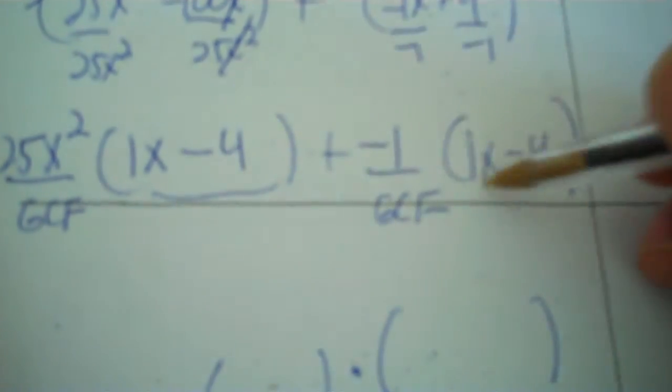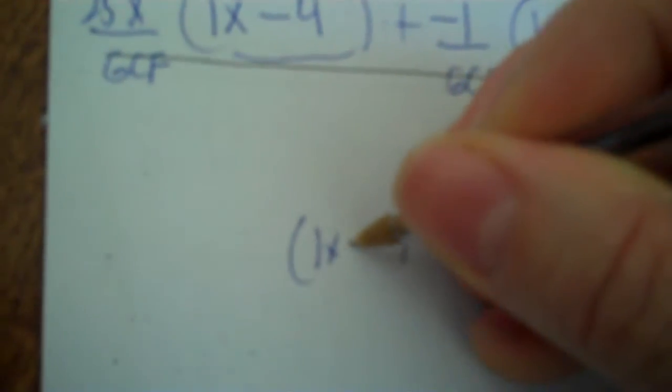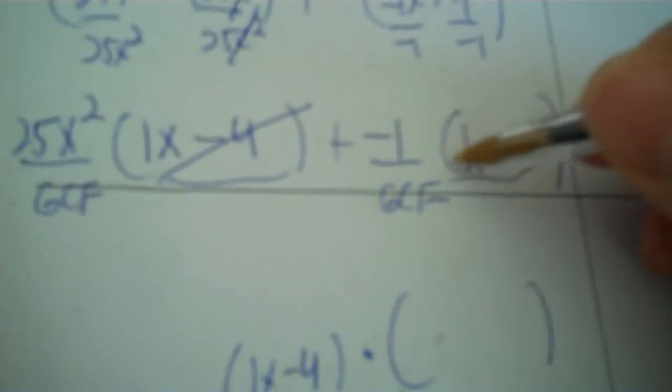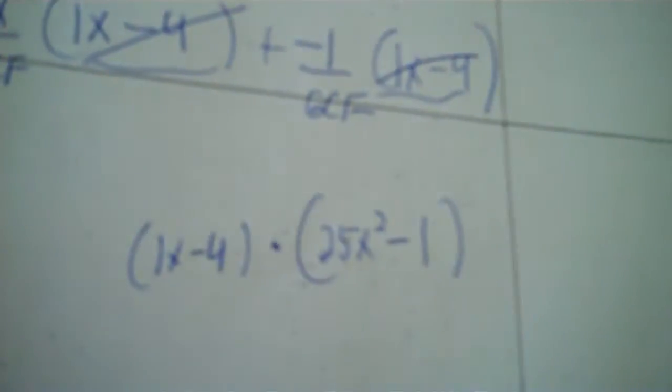So the parentheses match, so 1x minus 4 goes out here. Then I cross those out, and then I put my GCFs together to form this binomial. 25x second plus negative 1. Please write it as minus 1, okay? And then pull those over here. So we have 1x minus 4, 25x to the second minus 1.